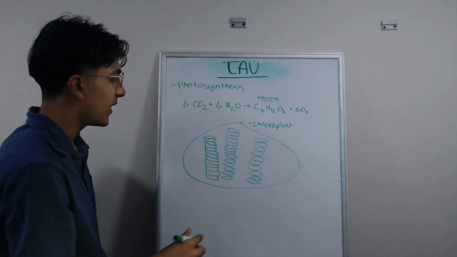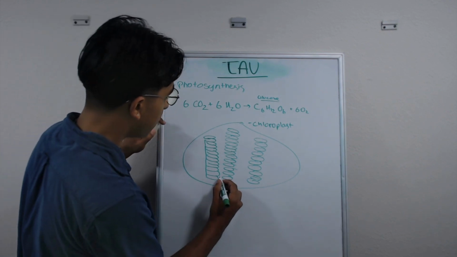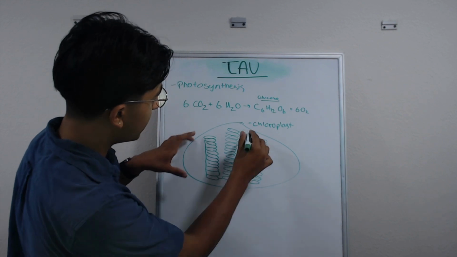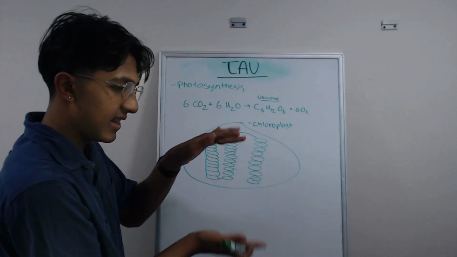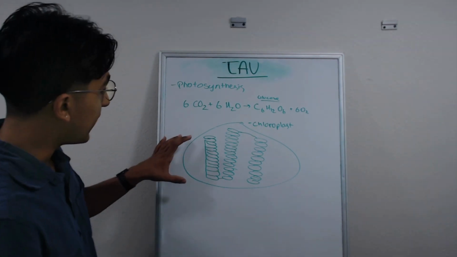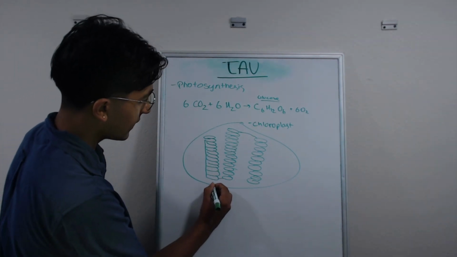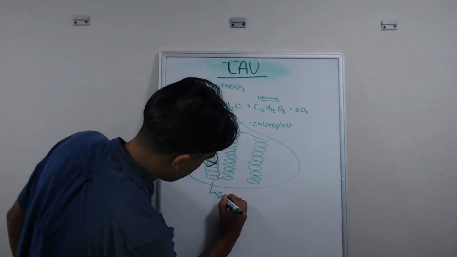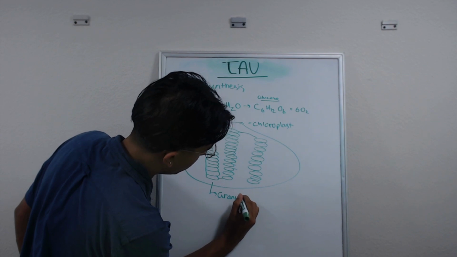This is just a simplified drawing, but imagine these pancakes are connected like this and spread throughout the entire cell, stacked up. Alright? This entire stack of pancakes is called a granum.